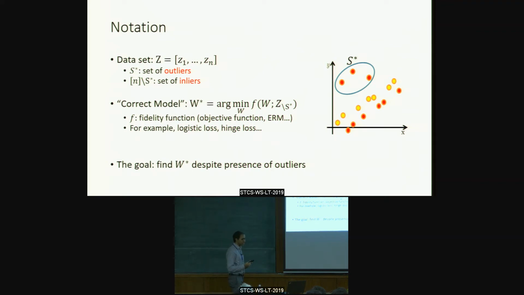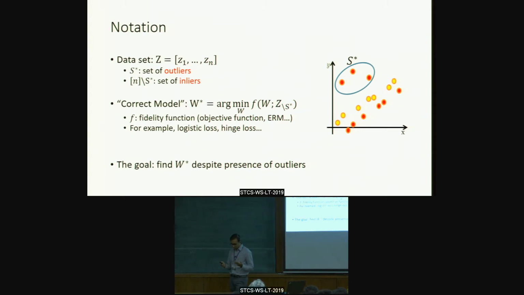Say you can write down the empirical risk minimization or maximum likelihood estimation problem for them. Your correct model, which we call W star, is essentially obtained by solving your empirical risk minimization problem only over the inliers. But you don't know where those inliers are. And that's the challenge. That is, you want to find your correct model despite the presence of these outliers.